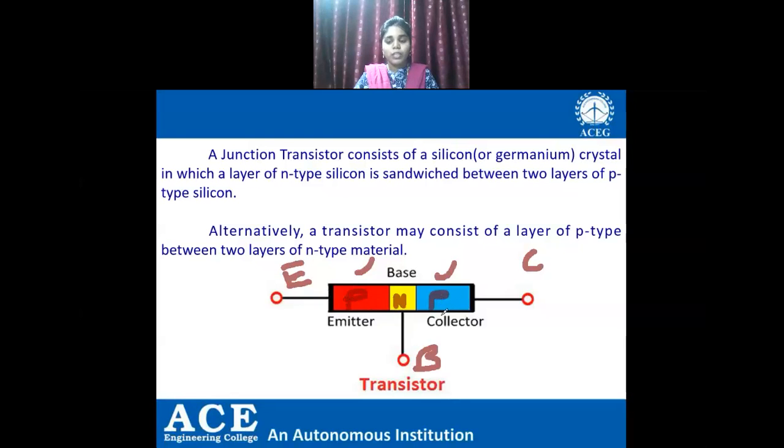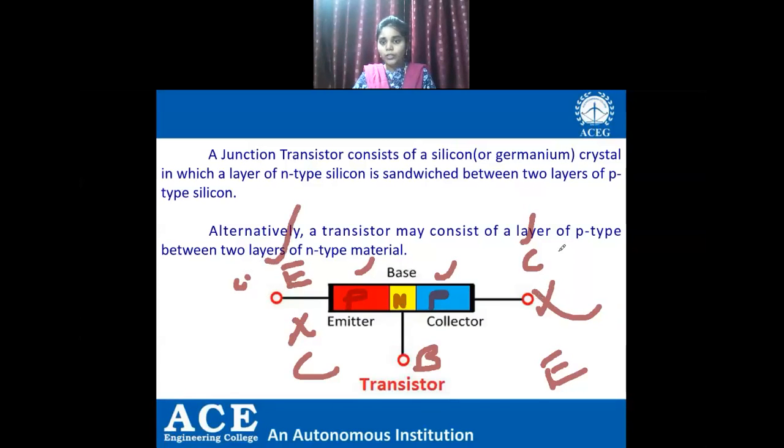As these two are the same material, you can't interchange the terminals. I can't replace collector with emitter and emitter with collector. When there is a connection for the collector in any circuit, I should place the collector terminal only. Please remember that. Whenever I need to place the emitter terminal at a particular node point in a circuit, I need to place the emitter only, not the collector.